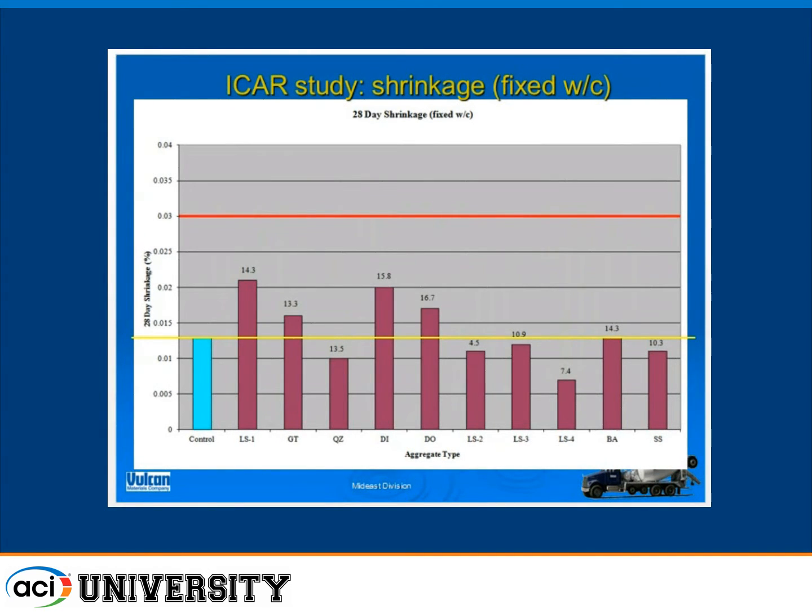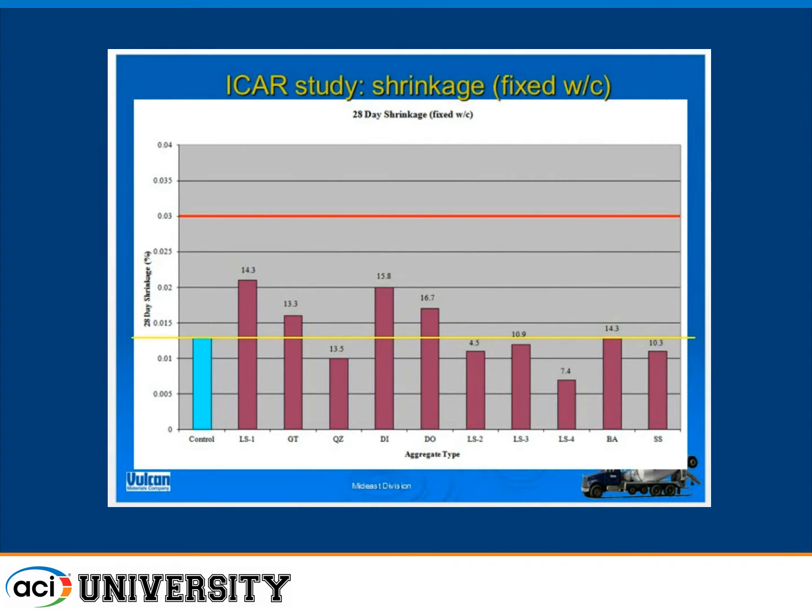Then what about shrinkage? Well, again, with fixed water cement ratio, some of them still have greater shrinkage than the reference. But let me point out this number here, 0.03% shrinkage. In a lot of specifications and engineers' designs, they would consider 0.03% shrinkage as the upper limit.